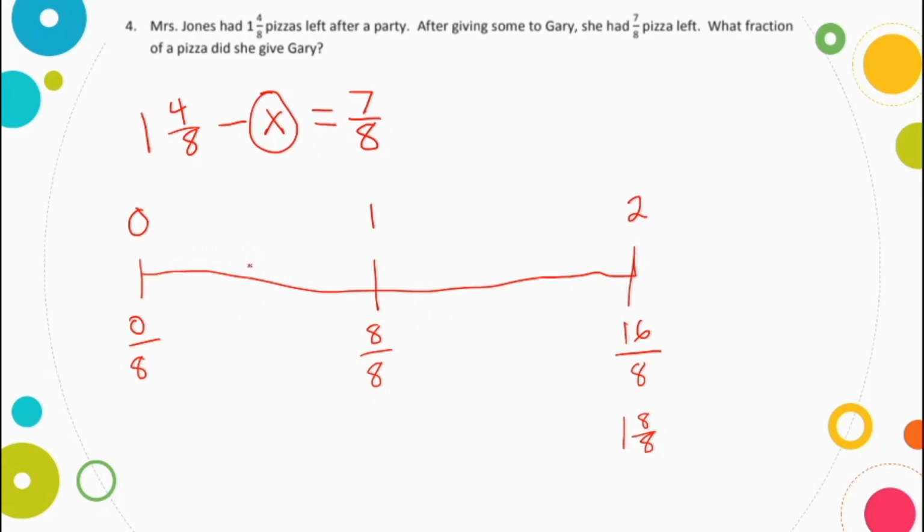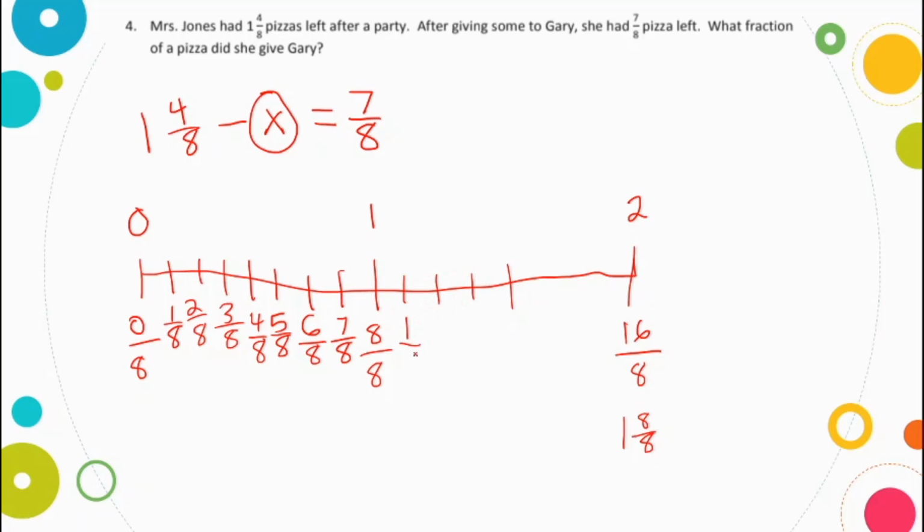So I'm going to draw this out really quickly. So this is 1, 2, 3. So this is 1/8, 3, 4, 5, 6, 7. This is 1/8. So actually, I'm going to put 9 eighths. And then down here, I'm going to put 1 and 1/8.